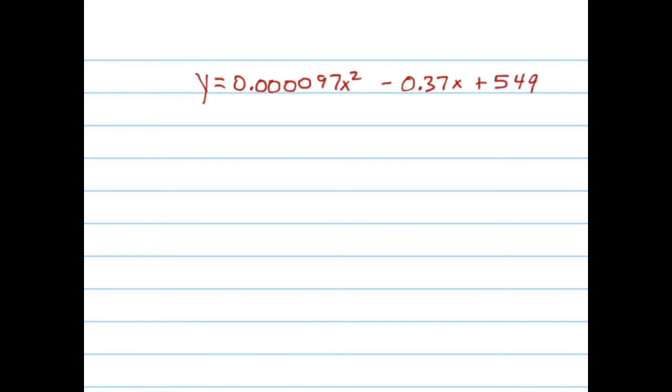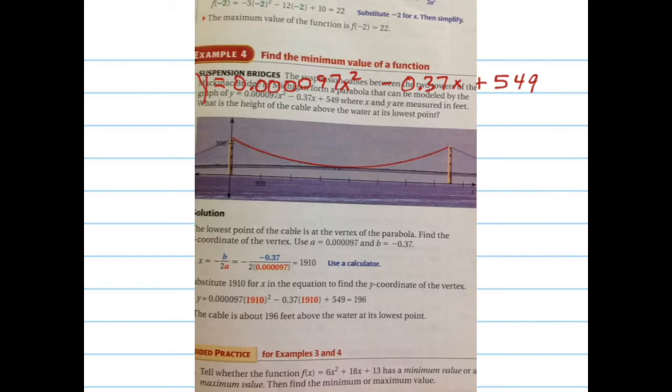So they're not giving you very nice, neat numbers. And x and y are measured in feet. So y is the height above the water. x is the distance from the one cable. So maybe it'll help to put a picture up here to look at this. Let's see here.